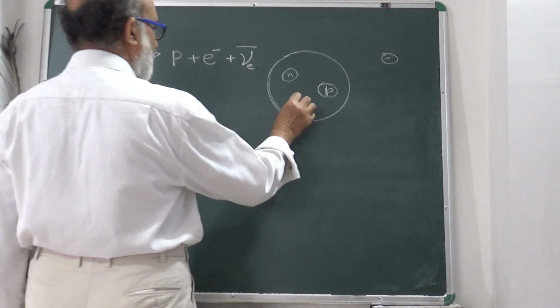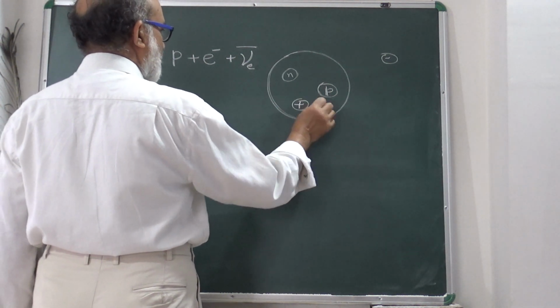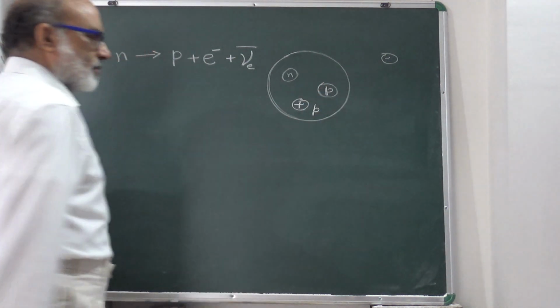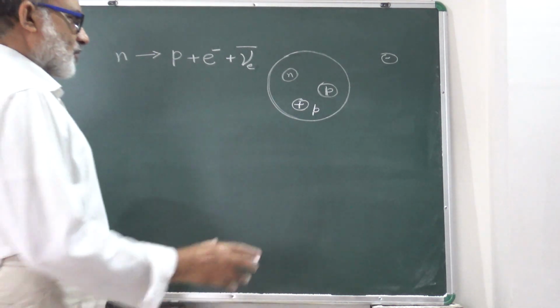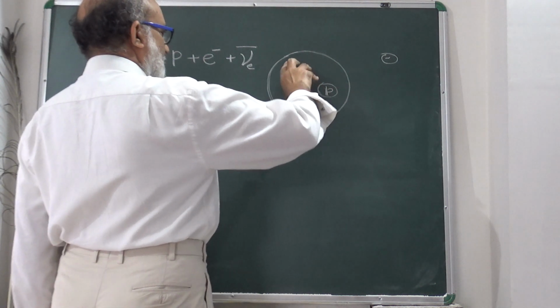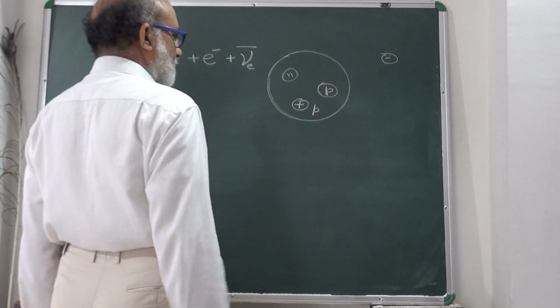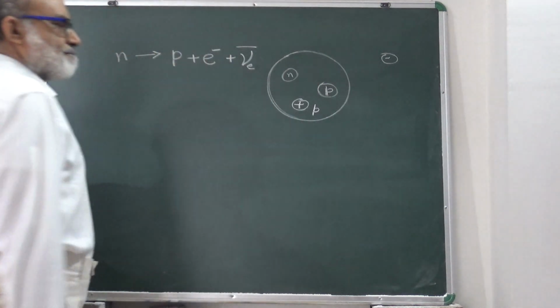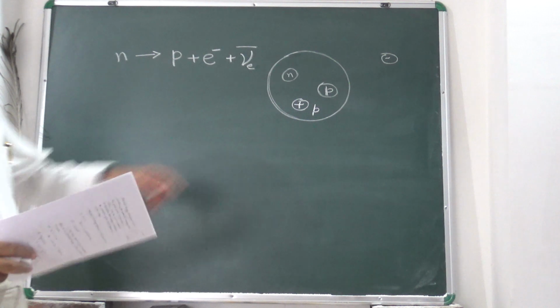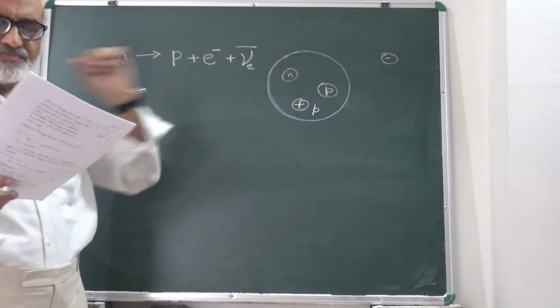Because in the nucleus we have protons also. Protons may repel, but the force which binds these nucleons inside the nucleus must be stronger, so as to overcome this electromagnetic force.